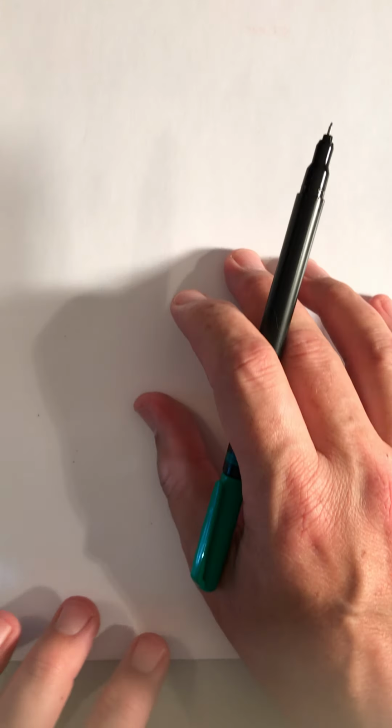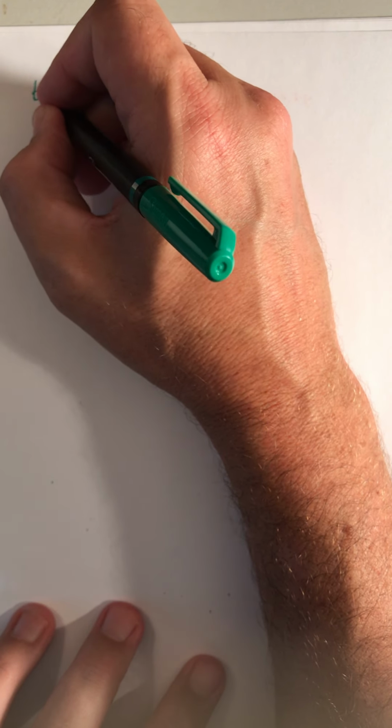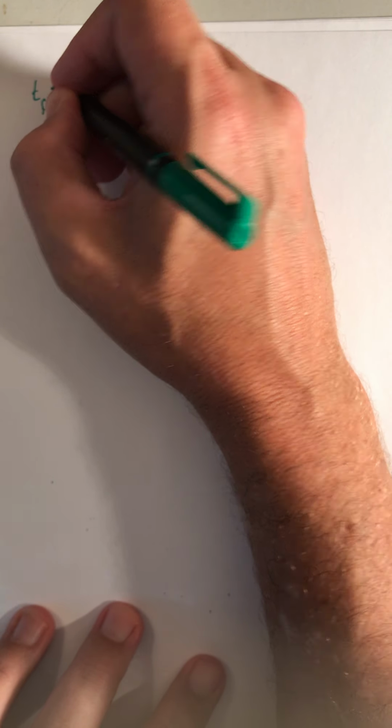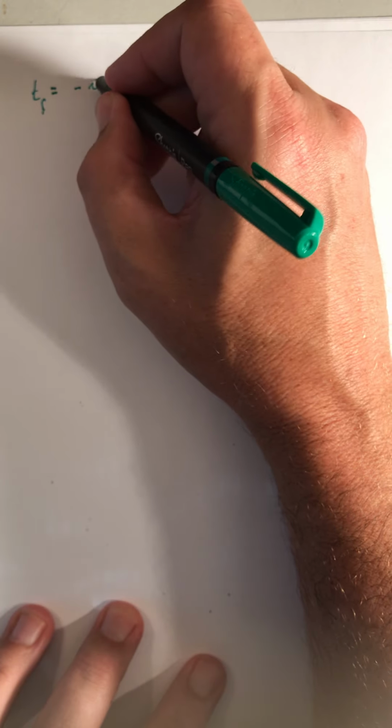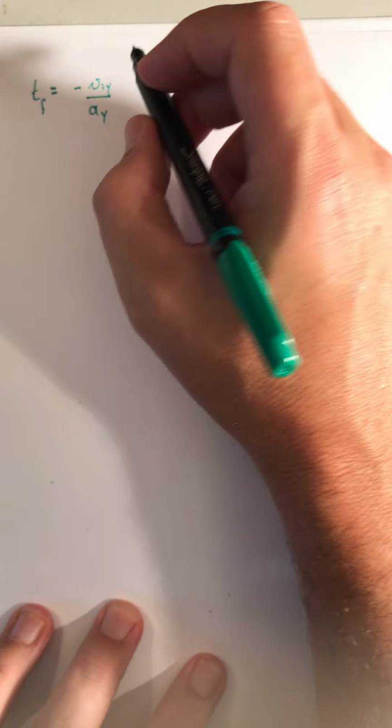And that's going to give me t final is equal to minus v initial y over the y component of acceleration.